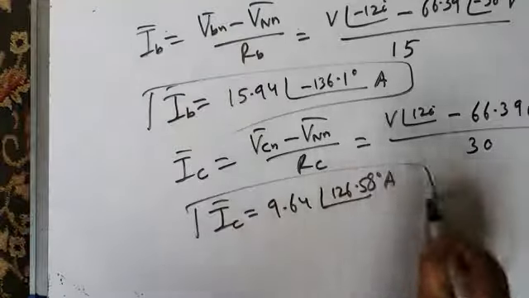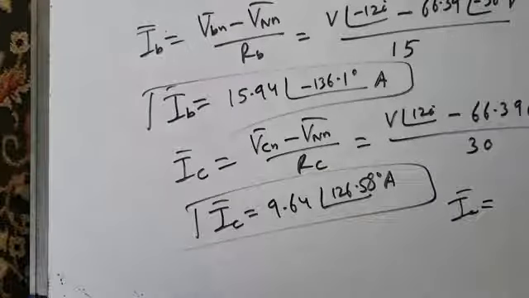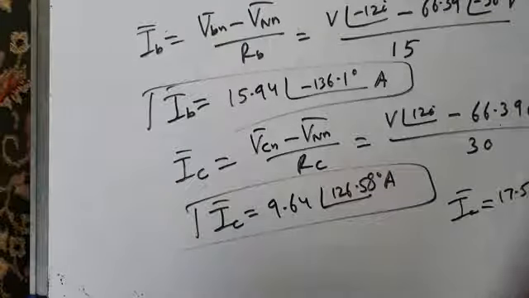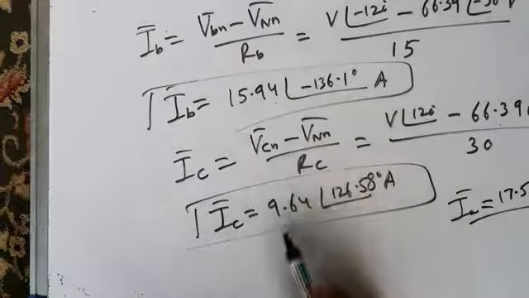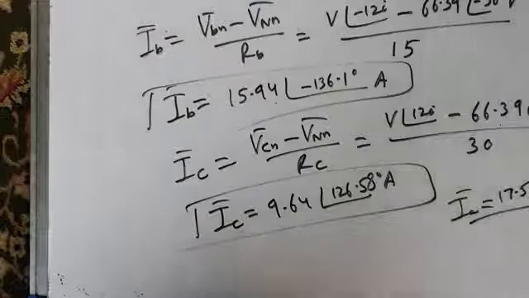So you can see the three currents are unbalanced. What was IA? We found IA a little while ago. IA was 17.56 at an angle of 10.89 degrees amps. IB has a different magnitude, 15.94 amperes, and IC is 9.64 amperes. So three different line currents are there because your load is unbalanced.